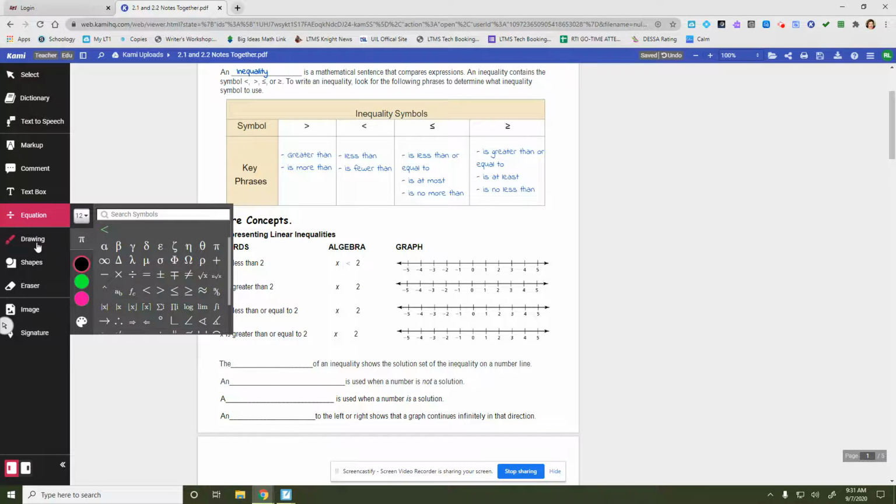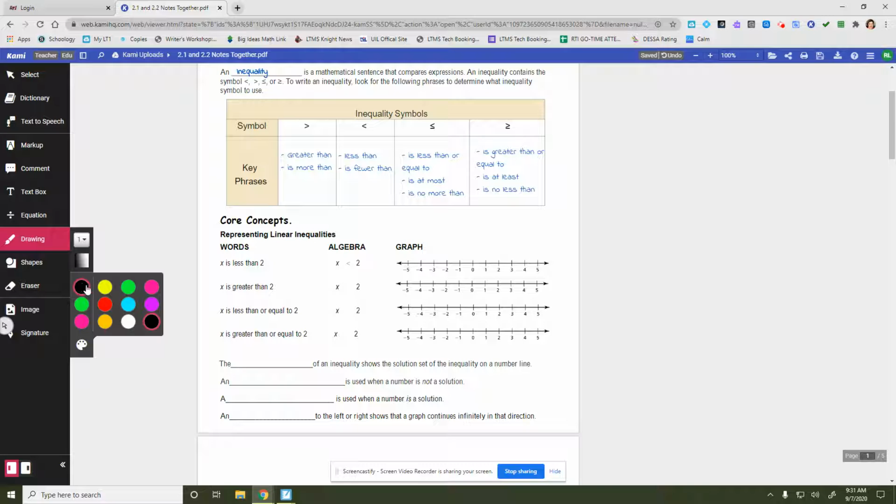But when we go to graph this, let's talk about how we graph this. We're going to look for this boundary number 2. And the first thing we're going to do is put a circle either on it or right above it, like that. And then if it's everything less than 2, then I want to essentially illustrate that on my number line. What side of my number line represents all the numbers that are less than 2?